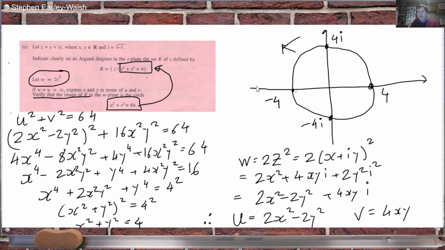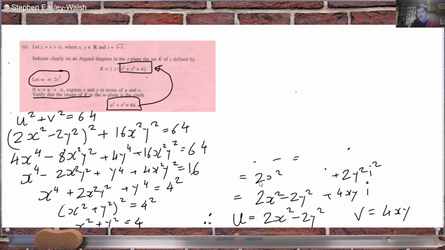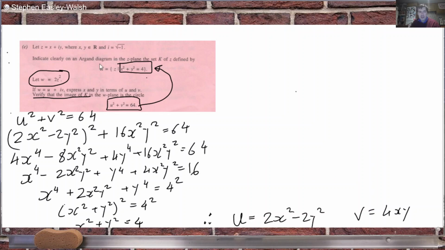Let's see what happens. Just in case that doesn't work, I'm going to leave those two equations at the bottom. Worst case scenario, I'm going to have to solve those two equations for x and y. Okay, so we have z equals the square root of w over 2.